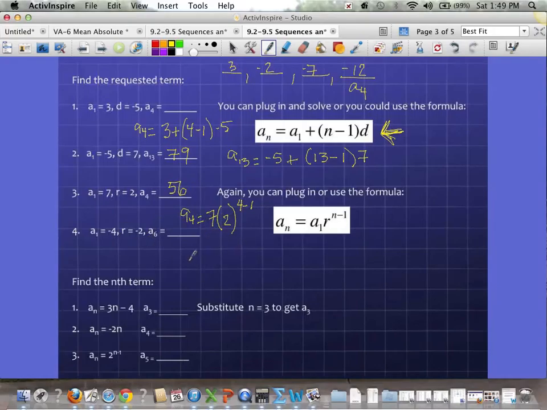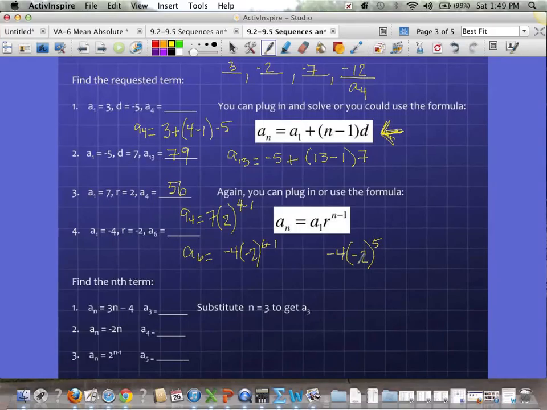The next one, we want to go to a sub 6, which is going to be a sub 1, which is negative 4. And that's times r, which is negative 2, raised to the, we're looking for the sixth one, so it's 6 minus 1. 6 minus 1 is 5. Okay, so you have to be careful on this one. It's negative 4 times negative 2 raised to the fifth.